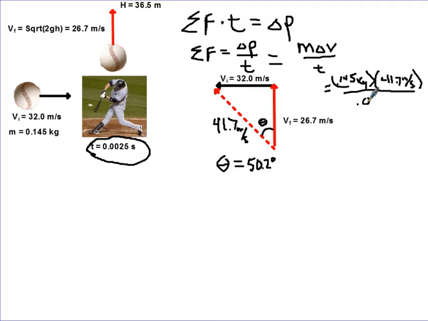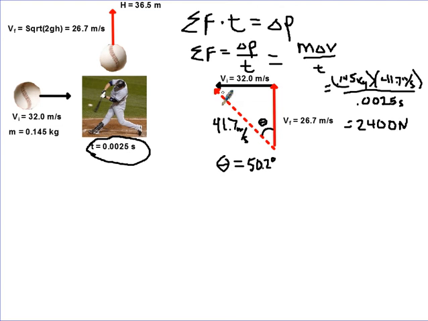Dividing that by the time interval, I get the average force acting on that ball. That value is about 2,400 newtons, and the angle would be 50 degrees from the vertical.